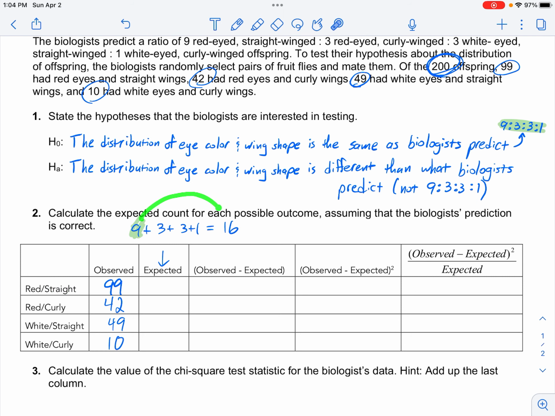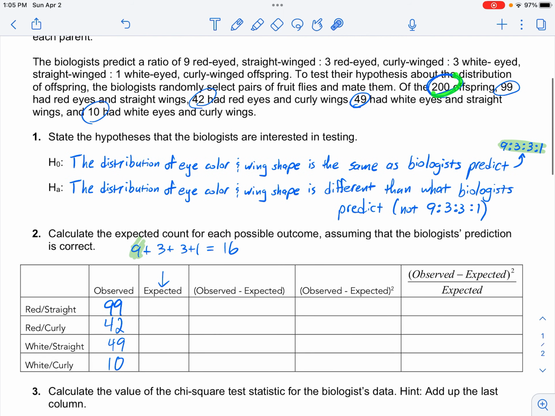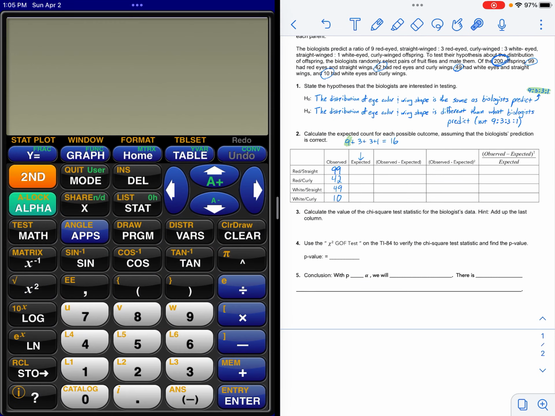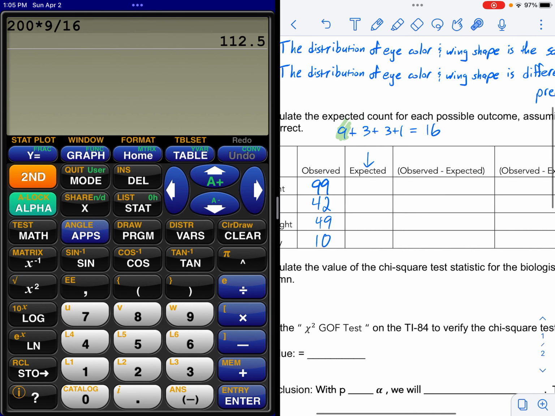So it's 9 out of 16. And we're taking that from a grand total of 200. So on the calculator, I would do 200 times 9/16. Like that. And so you get 112.5.